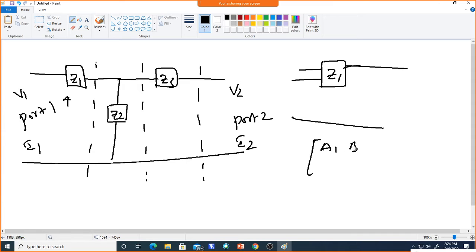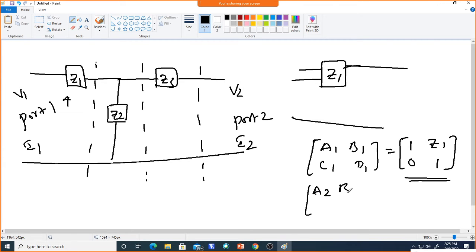That is A1, B1, C1, D1, which is equal to 1, Z1, 0, 1. Is it not? This you got right. Is there any doubt in this? Since it is a series element, you will get like this. Is it not? So what is the second one?